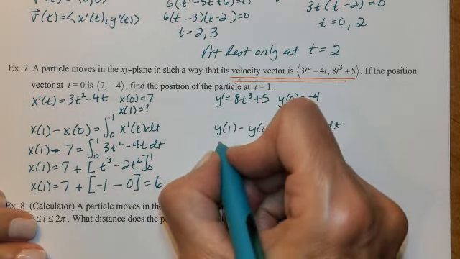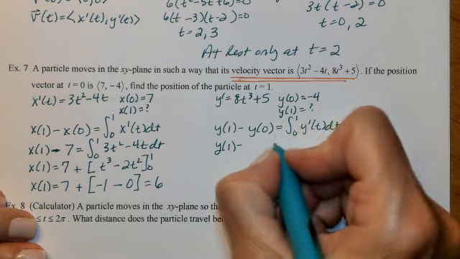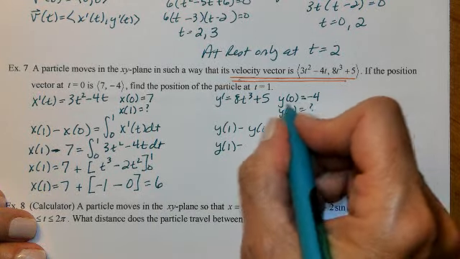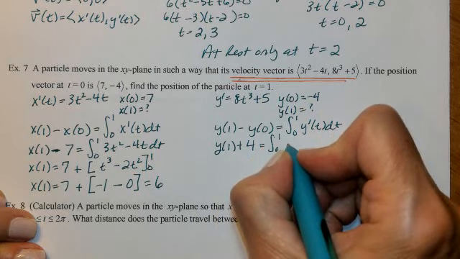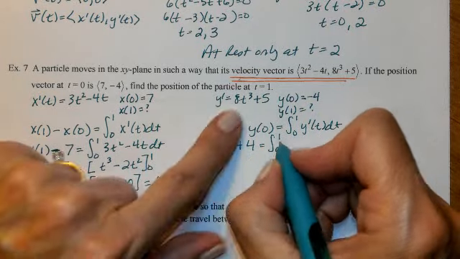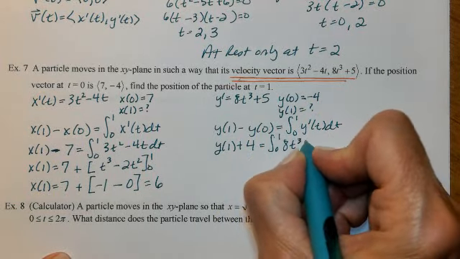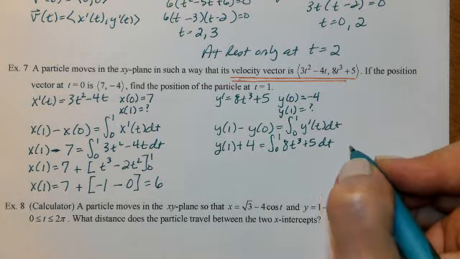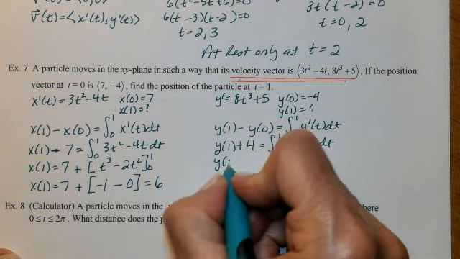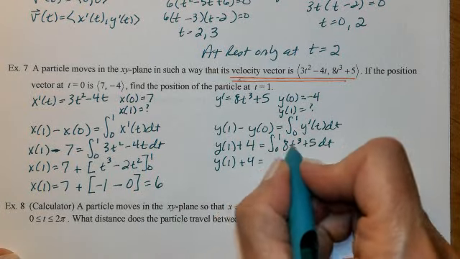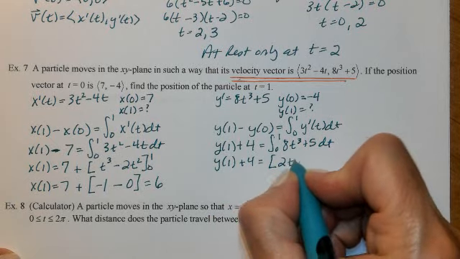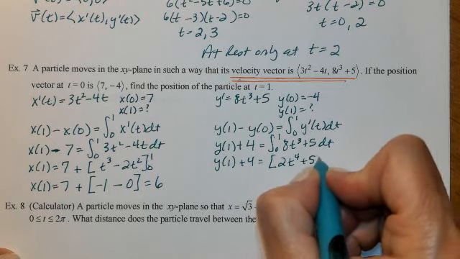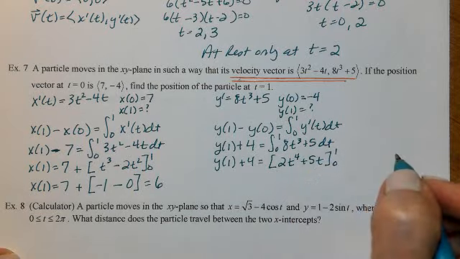All right, come over and do the same thing for y's. Y at 0 is a negative 4. So y prime was our 8t cubed plus 5 dt. So this is going to be 2t to the 4th plus 5t from 0 to 1.